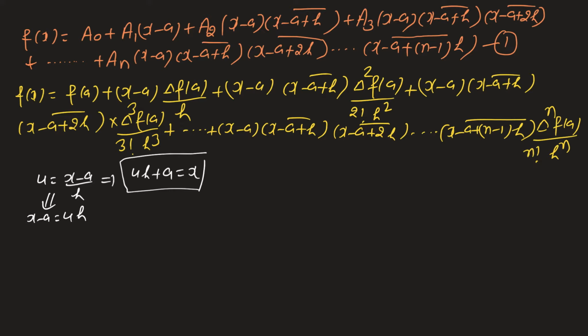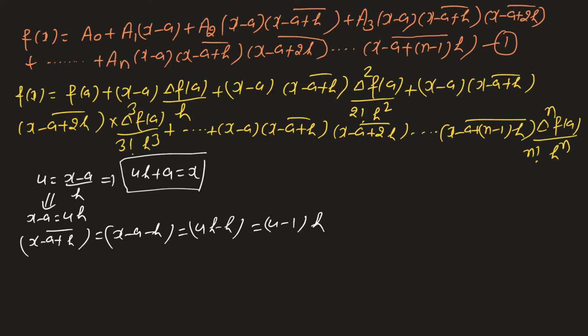So this value will be used over here. Next, this value is known. Now this value will be calculated. We are turning it into a function of u. So x minus a plus h is to be determined. So this can be written as x minus a minus h. X minus a, this value is uh, so I am going to put it as uh minus h.